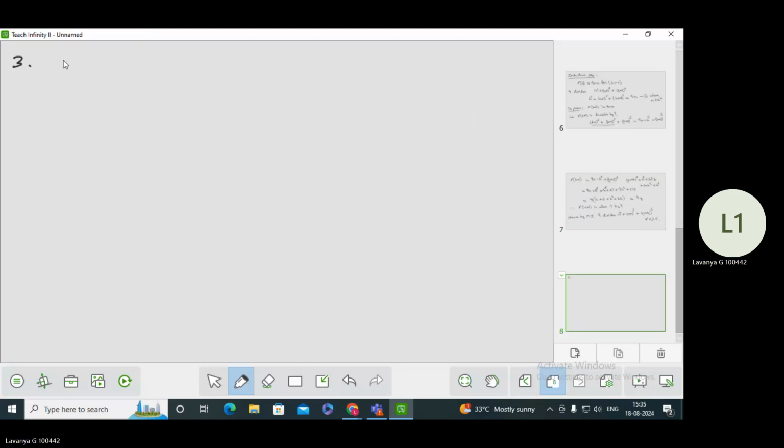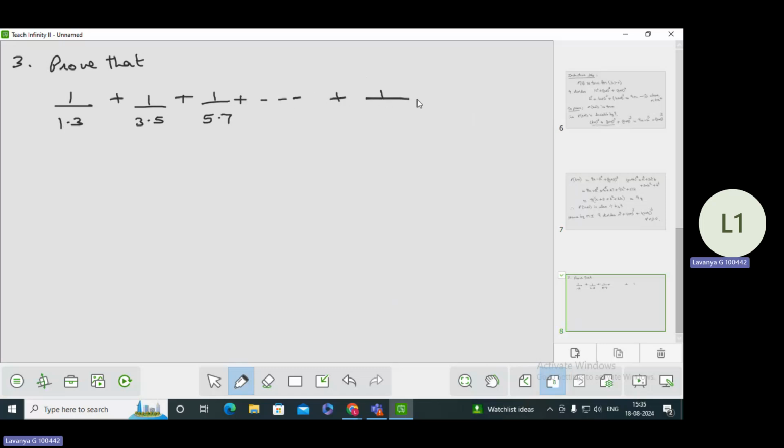Example number 3. Prove that 1 divided by 1 into 3 plus 1 divided by 3 into 5 plus 1 divided by 5 into 7 plus etc., 1 divided by the general term 2n minus 1 into 2n plus 1, equal to n divided by 2n plus 1 for every n greater than or equal to 1.